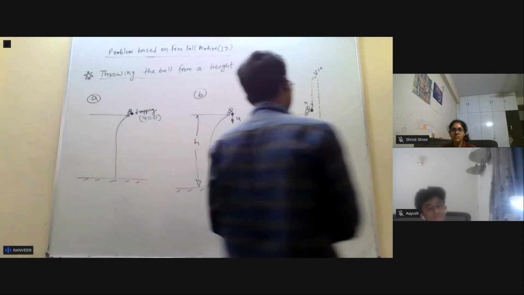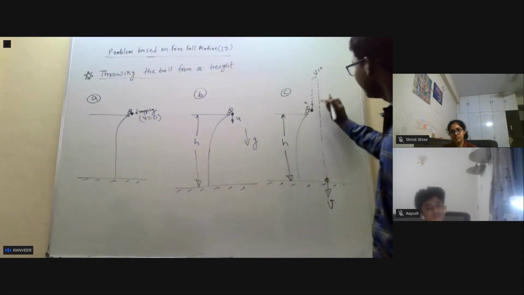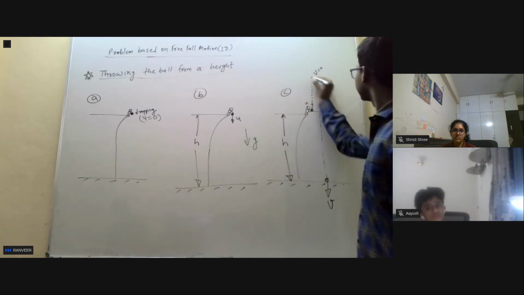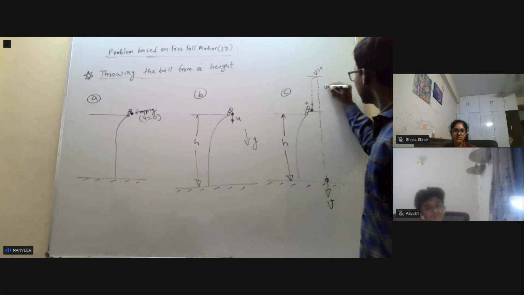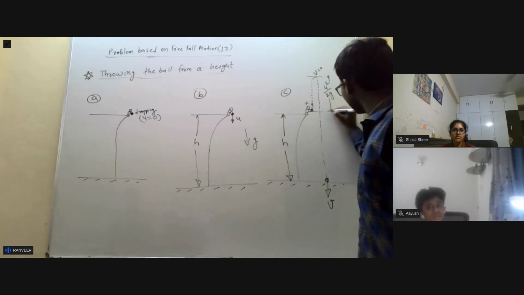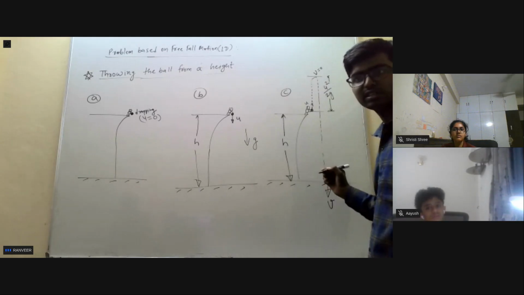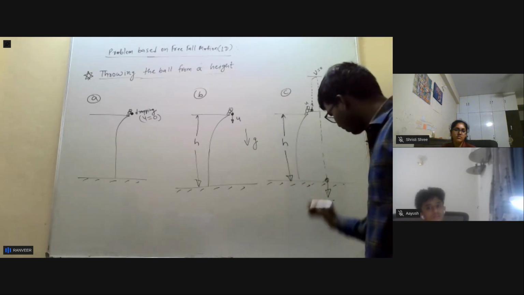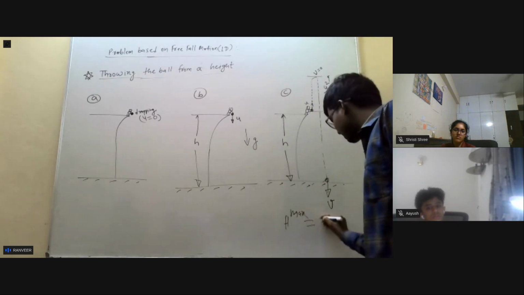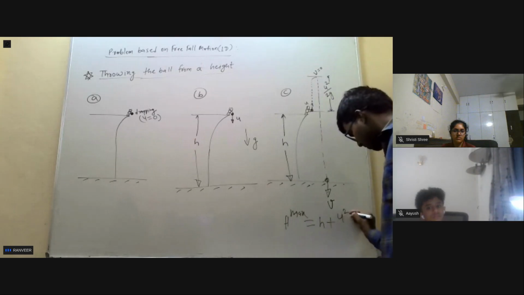But if you ask what is the maximum height, then if you are throwing with speed u, the maximum height will be u square upon 2g. So what is the maximum height from the ground? It's h plus u square upon 2g.